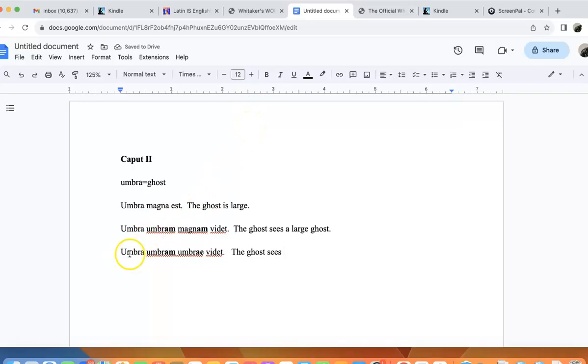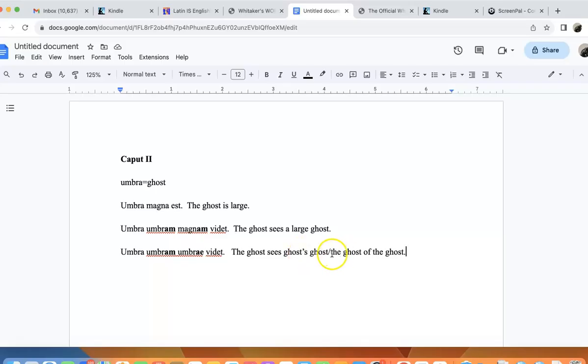So umbra, read it. And then I'm going to say the ghost of the ghost. In fact, I probably would go with that one just because using an apostrophe is going to present some problems for some students in their translation.